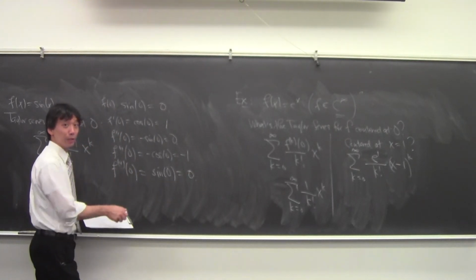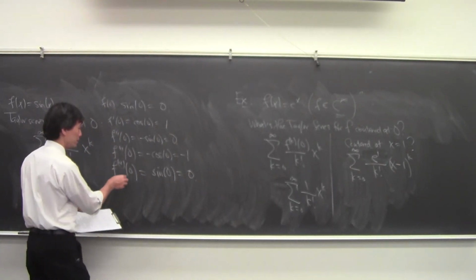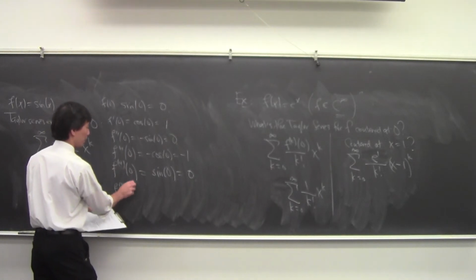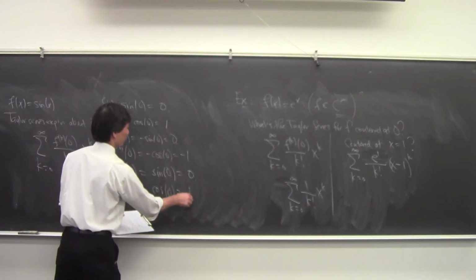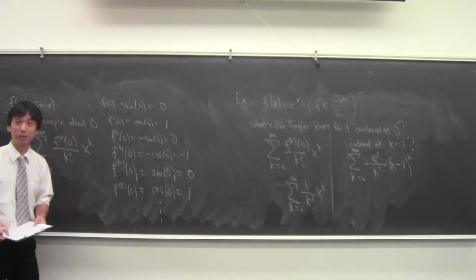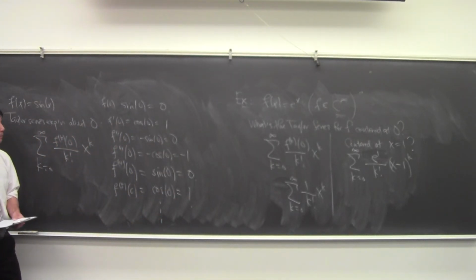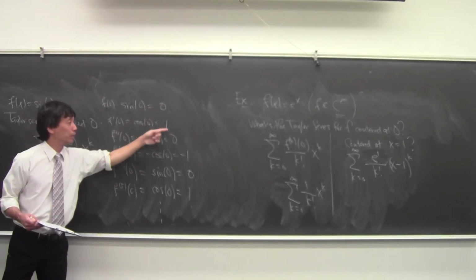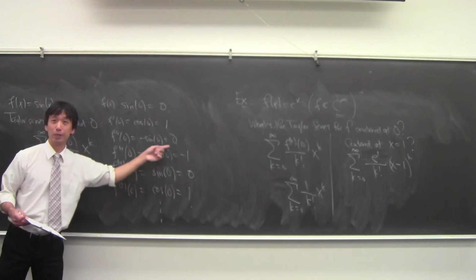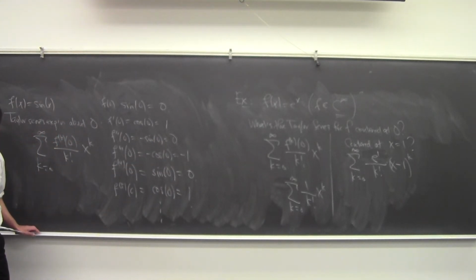And then you realize you don't need to go on any further, because the fifth is going to be cosine, and things start to repeat. And you don't want to do anything repetitive in your life. So the pattern of coefficients is 0, 1, 0, negative 1, 0, 1, 0, negative 1, etc.